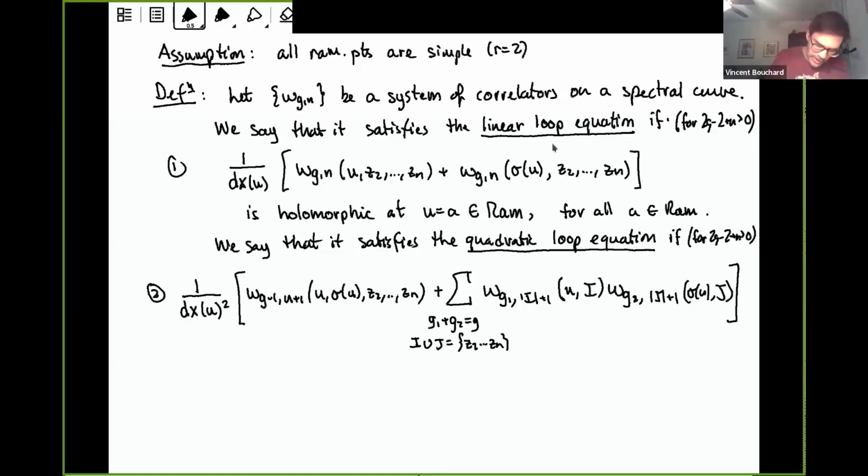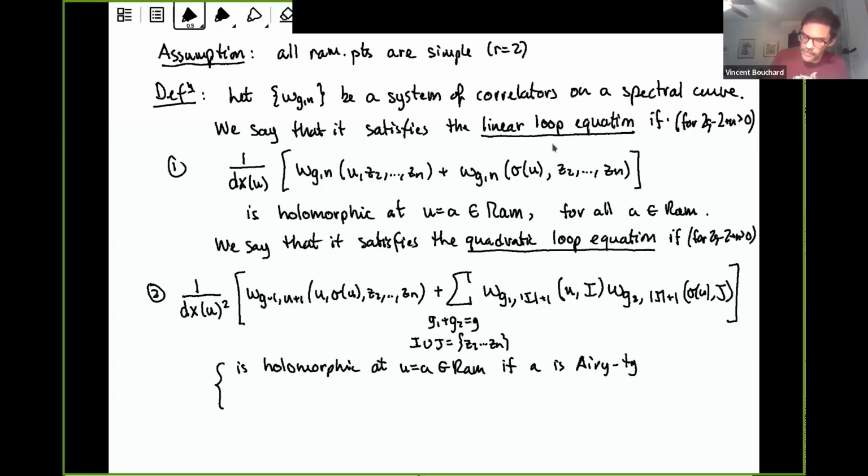And the condition is now two parts. It's either holomorphic at u equals a if a is a ramification point of Airy type. You remember what that means. And if it's Bessel type, then it has at most a double pole.